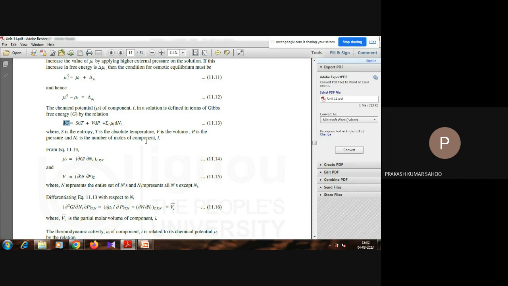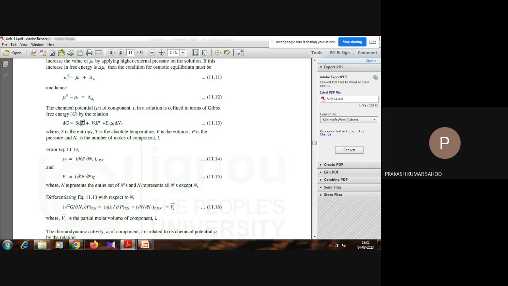So in thermodynamics, we have a relation that is Gibbs free energy. So that's why this is written as dG. G stands for Gibbs, the scientist Gibbs. So G is the free energy. So dG equal to S dT plus V dP, where S is the entropy of the system, that is randomness.